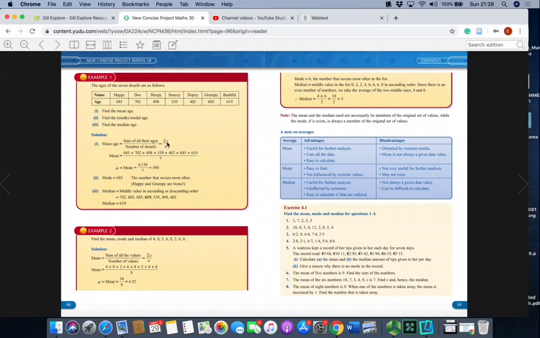So the sum of the values over the number of values. So 685 plus 702 plus 498 plus 539 plus 402 plus 685 plus 619, all divided by 7. So the average age, or the mean, is 590.